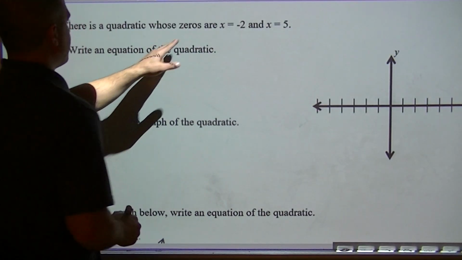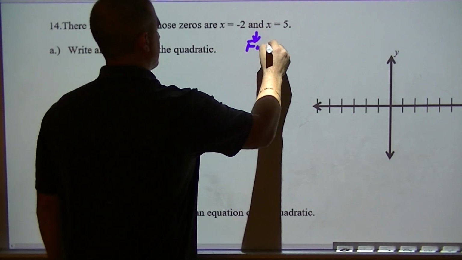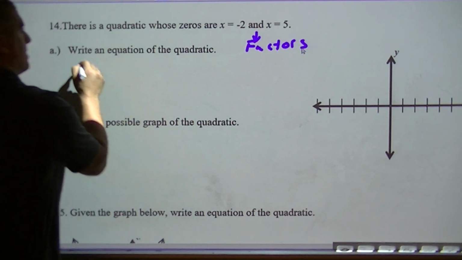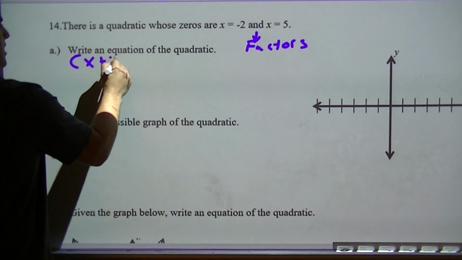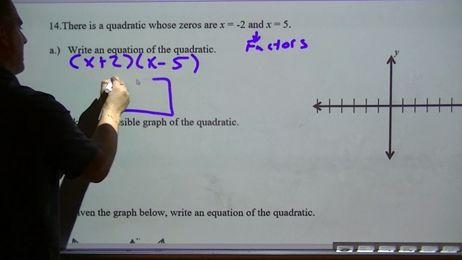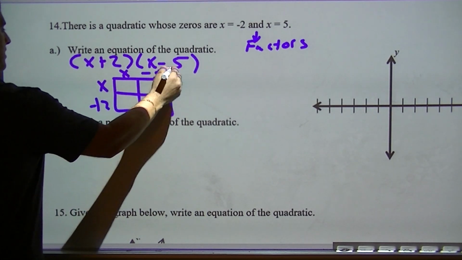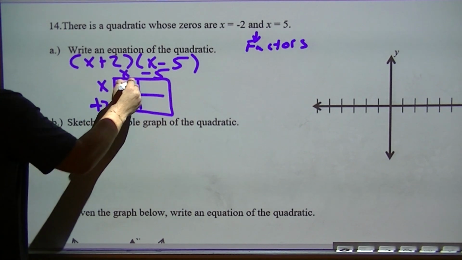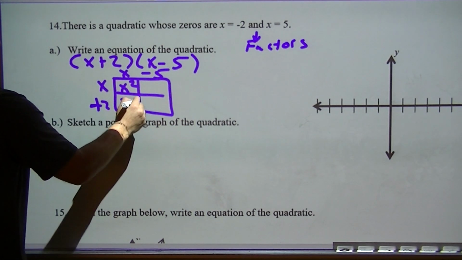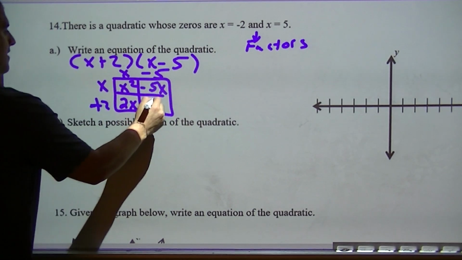Okay, this is the quadratic, as 0 is this, write the equation. So what I need to do first is create the factors. The factors there would be x plus 2 and x minus 5. In order to find the equation, I would make the box with them. So x times x would be x squared, x times 2 would be 2x, x times -5 would be -5x, 2 times -5 would be -10.